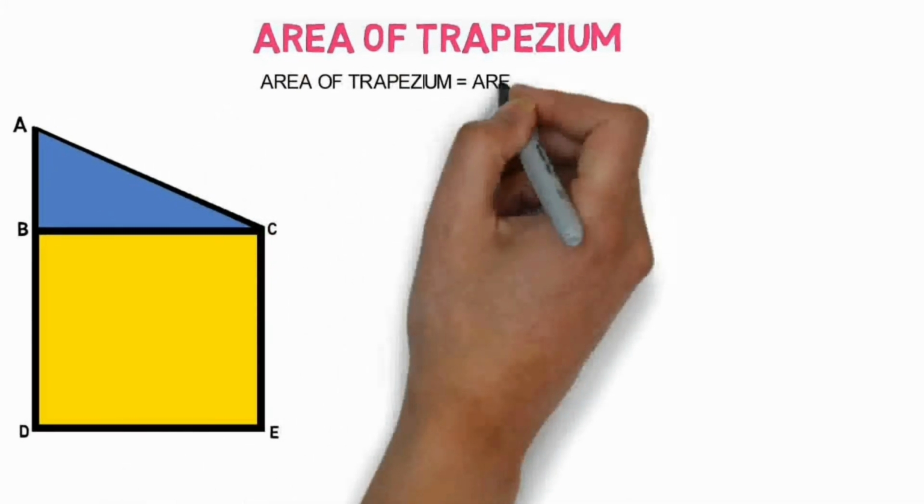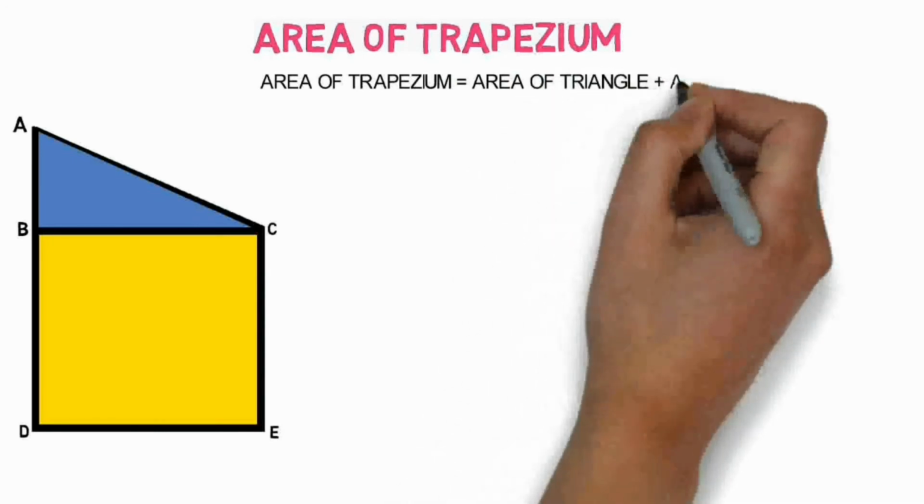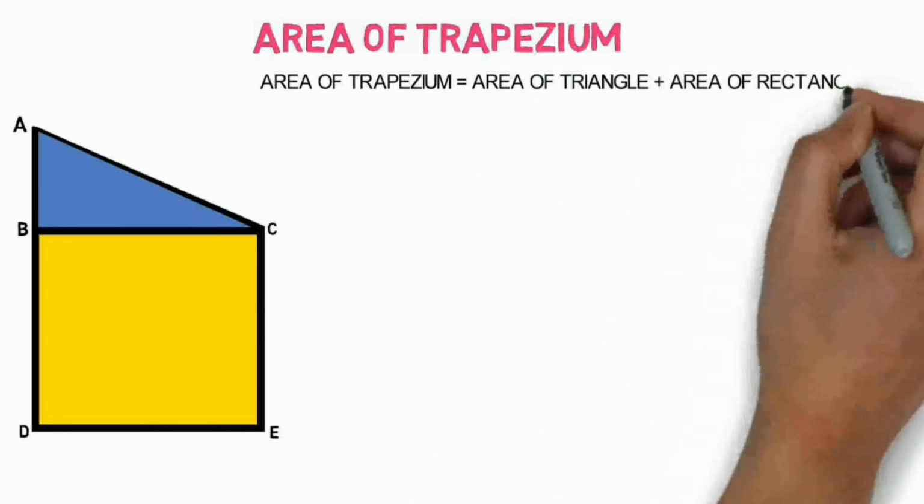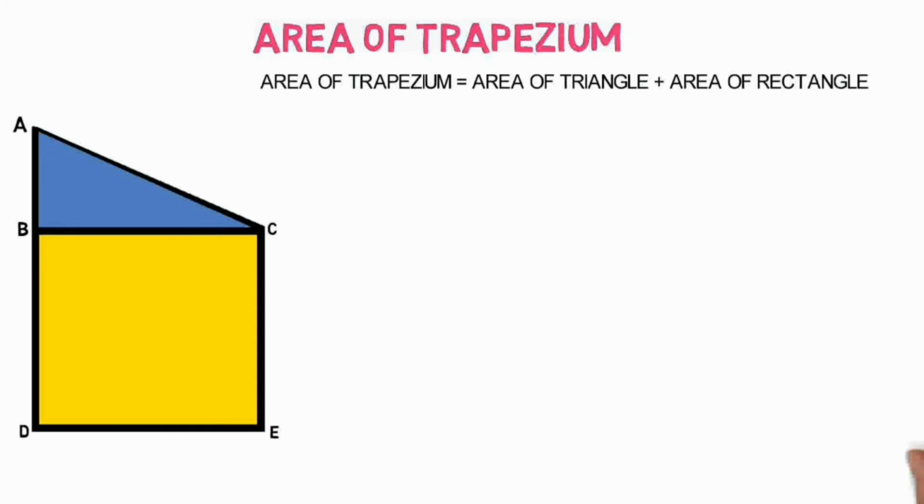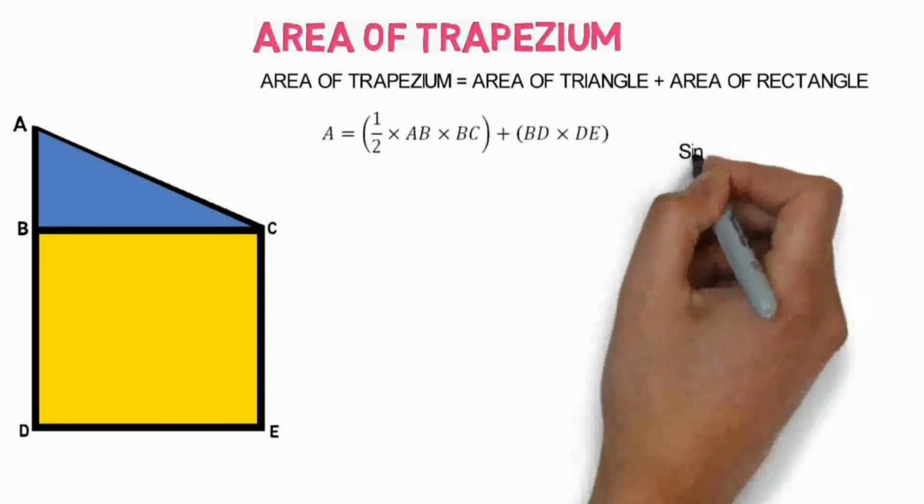The area of the trapezium is equal to the area of the triangle plus the area of the rectangle. Since we know that the area of a triangle is half into base into height and the area of a rectangle is length into breadth, we can write A is equal to half into AB into BC plus BD into DE.